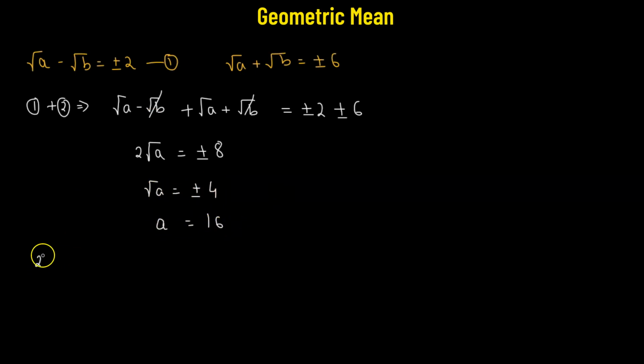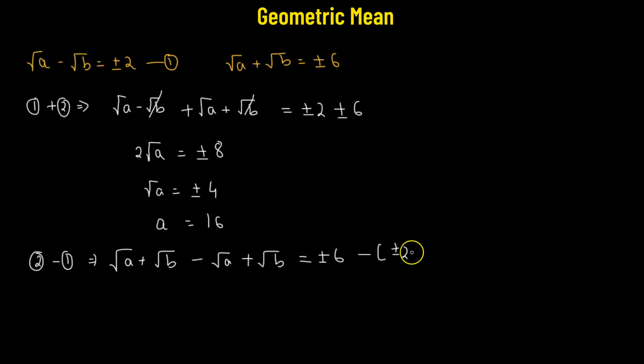Next, let's subtract equation 1 from equation 2. Equation 2 is square root of a + square root of b. From here we subtract equation number 1, which is square root of a - square root of b, equal to plus or minus 6 minus plus or minus 2. So we have square root of a cancelling out.